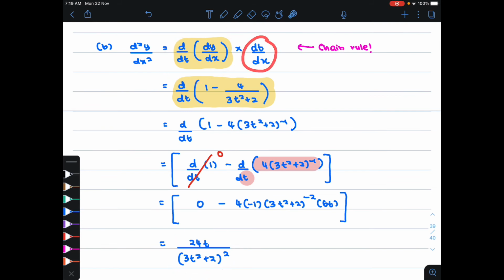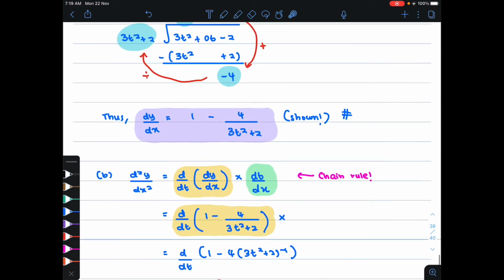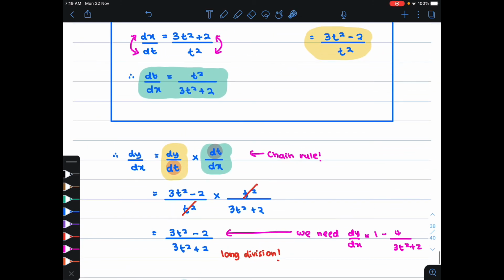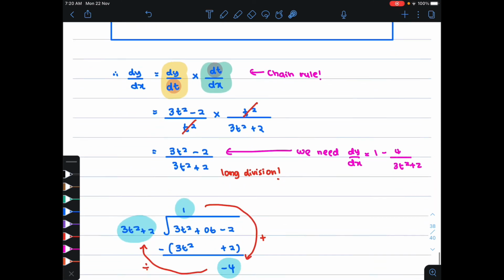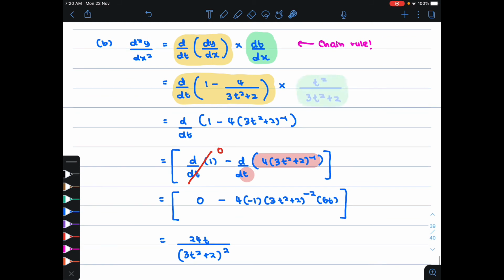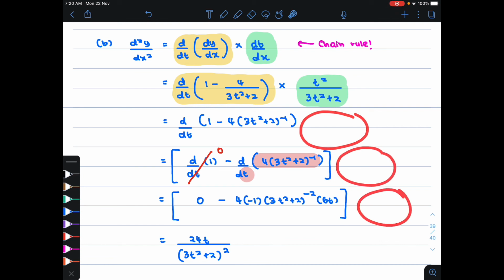Don't forget about dt/dx. And we already know that dt/dx is t squared over 3t squared plus 2. So there's nothing for us to simplify here. So just copy it down below the function.